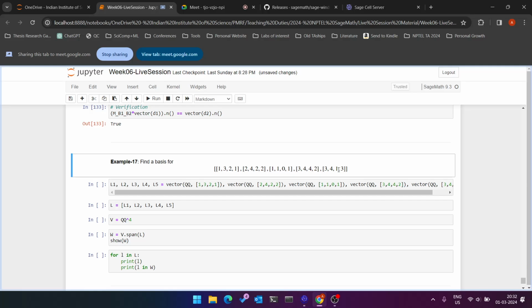From this, one thing that you already know is that if we have more vectors than the dimension of the space, we expect them to be linearly dependent.